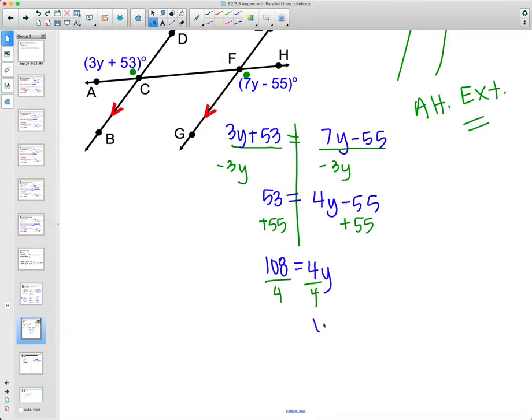Divide 4 to both sides. So you get y equals 27. Then you could always plug it back in to check that these two angles are the same. So you do 3 times 27 plus 53. So you get 134 for this one. And then 7 times 27 minus 55. And you'd get 134 for this one as well, just to check your work.